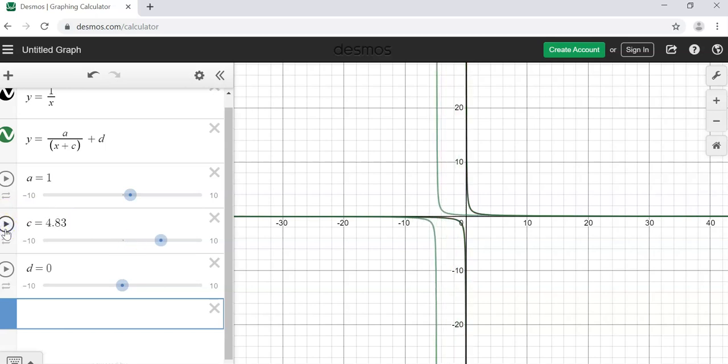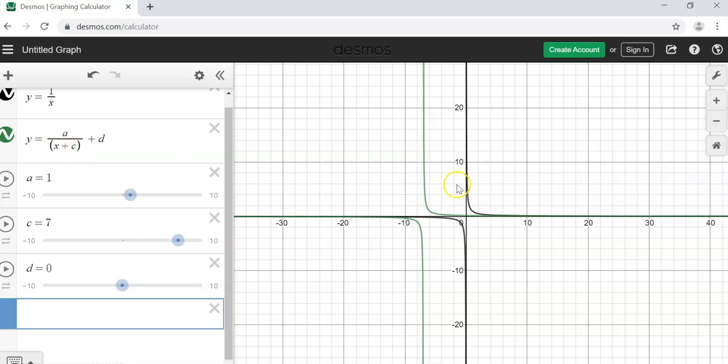So there you go. As we increase this value of c, it's shifting to the left. And like I said before, that goes back to that idea of dividing by 0. We can't divide by 0. So this just moves where that divide by 0 comes from. Because if we have x plus 7, this will now become negative 7 as the value where this point no longer exists.